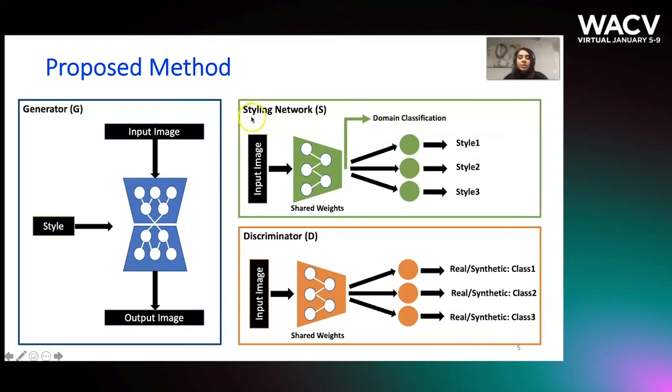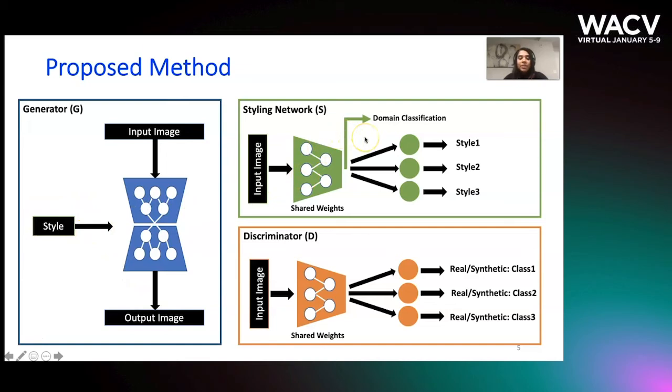Here the generator and discriminator are different from standard GAN methods in order to incorporate image translation and scalability to multiple domains. The generator takes as input an image and translates it to the target domain using style characteristics of the reference or target PA from the styling network.